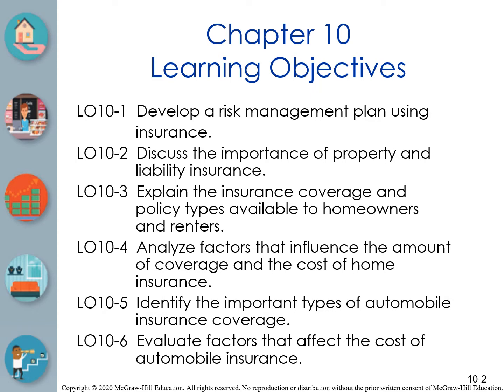If your home is worth $150,000, you don't insure it for a replacement value of $1 million, for example. You don't need that much insurance because you won't be able to collect on it at any rate. So what's the point? Again, identify the important types of automobile insurance coverage and evaluate the factors that affect the cost of automobile insurance.